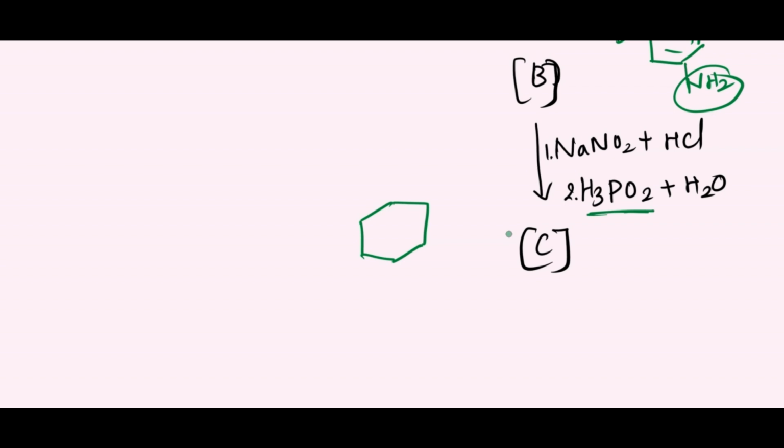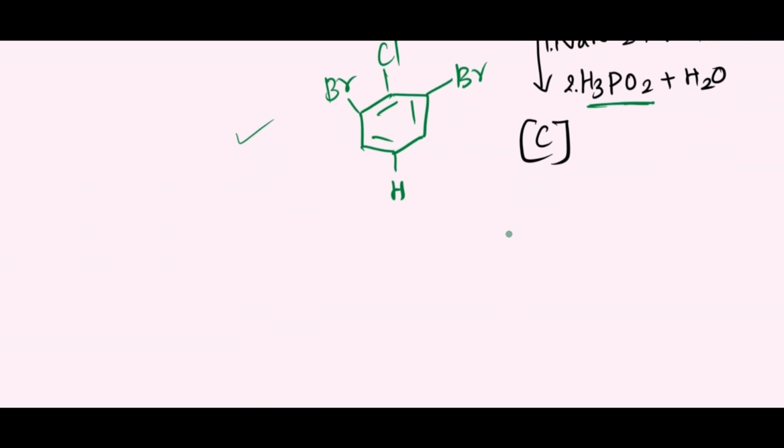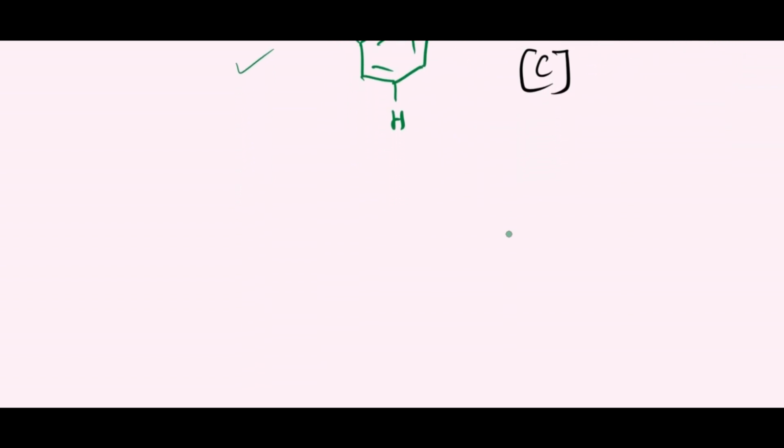And the second reagent, H3PO2, converts benzene diazonium salt to benzene, isn't it? So this becomes just a hydrogen substitution. The remaining are Cl, Br. So the answer to this question is dibromo substituted benzene with Cl. It is very simple, isn't it?